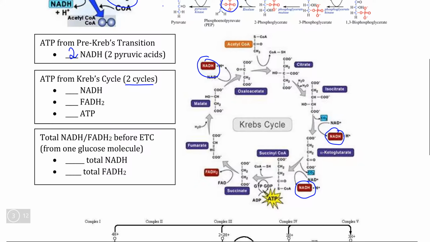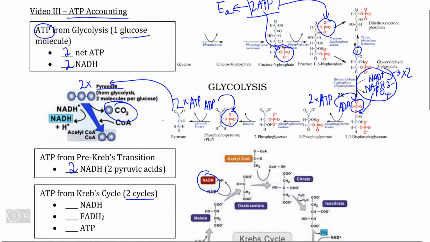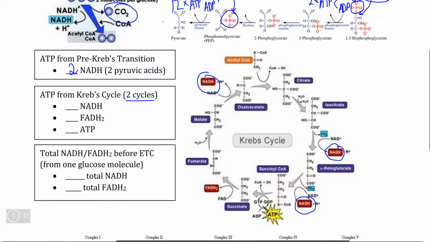But remember that we have 2 acetyl coenzyme A's because we had 2 pyruvates per glucose molecule, and therefore each of these occurs twice, resulting in 6 NADH molecules per glucose being formed.